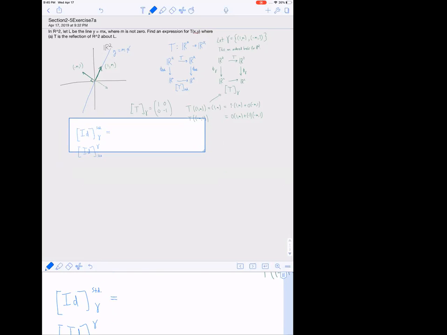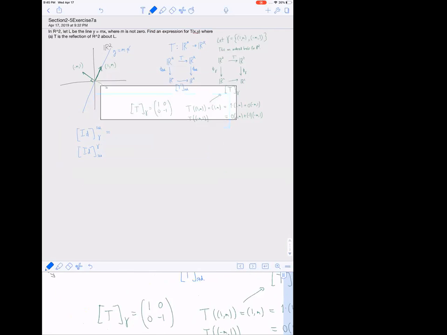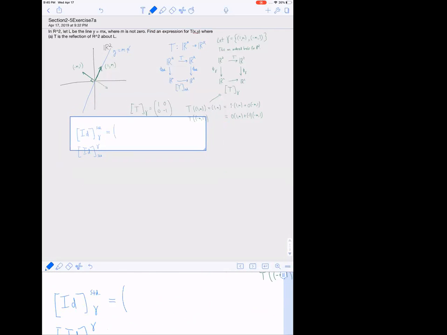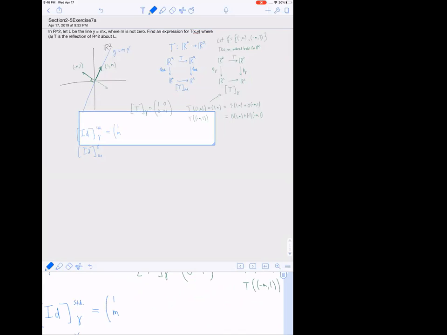The identity applied to the first thing in gamma is just (1, m), and in terms of the standard ordered basis, that has coefficients 1 and then m. Now, if I apply the identity transformation to the second vector in gamma, (-m, 1), the identity does nothing to the vector, and then when I write that vector as a linear combination of the standard ordered basis, I get coefficients -m, 1.